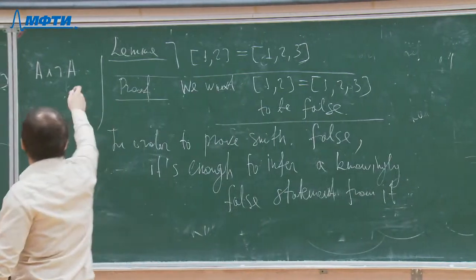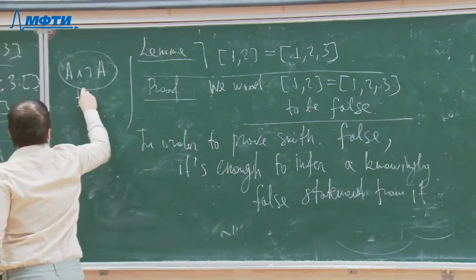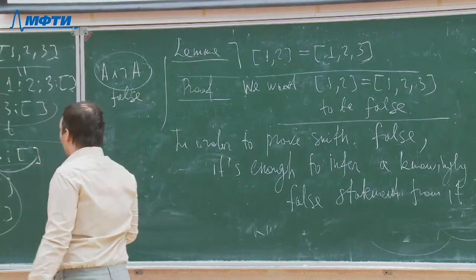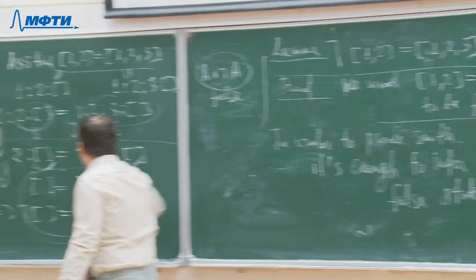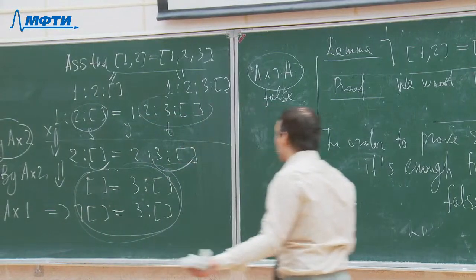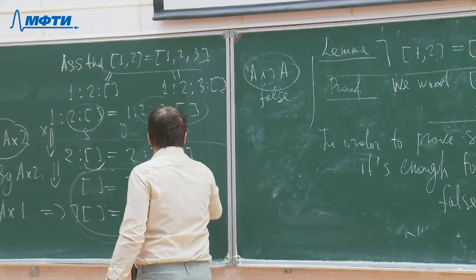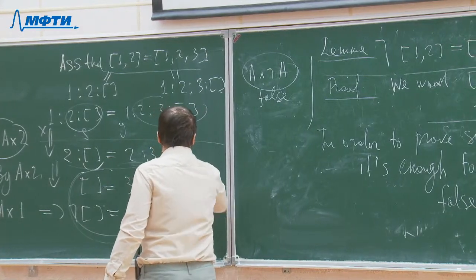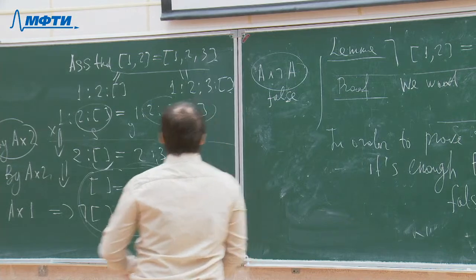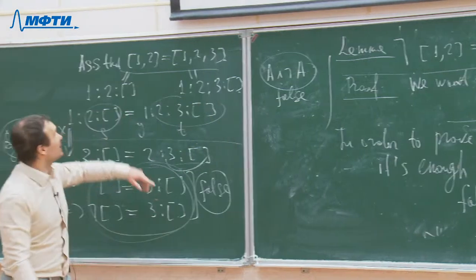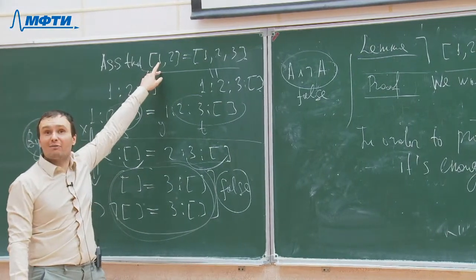So this one is always false. So here we have two statements, that is their conjunction, which is false. I have got a knowingly false statement from our equation.